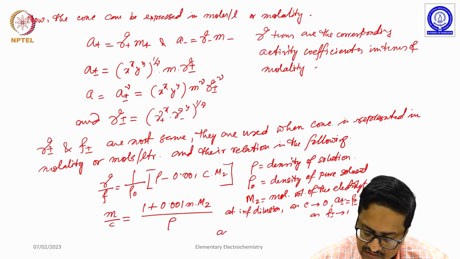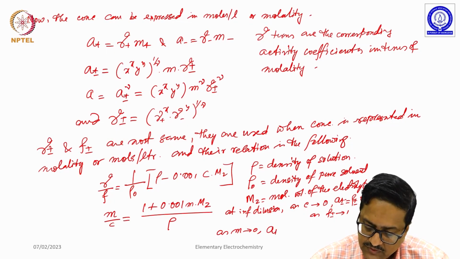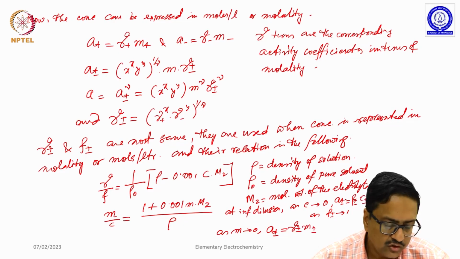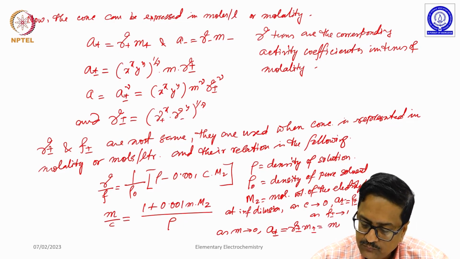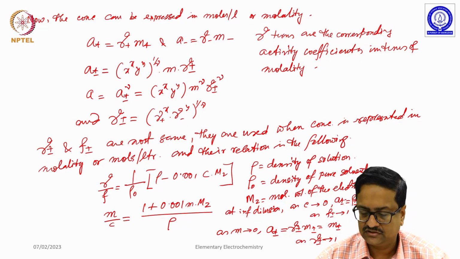Similarly, as m tends to 0, a plus minus is equal to gamma plus minus into m plus minus, which is again equal to m plus minus, as gamma plus minus tends to 1 at infinite dilution.